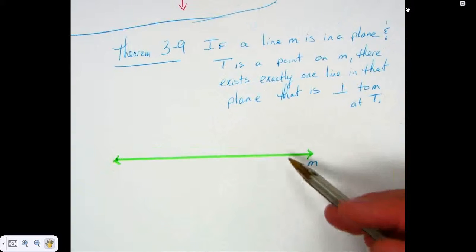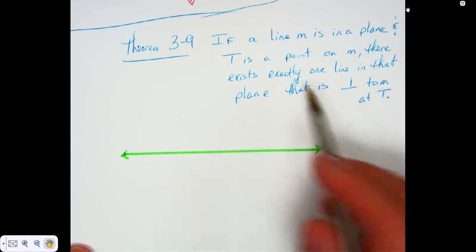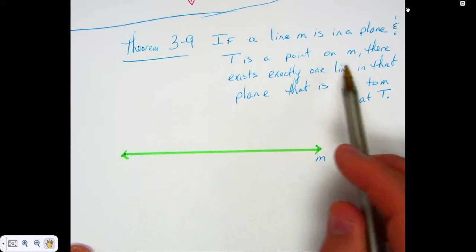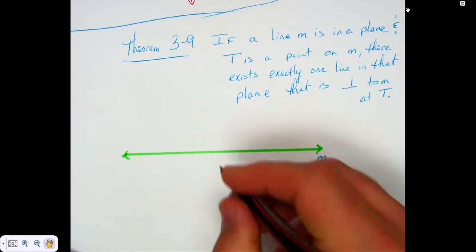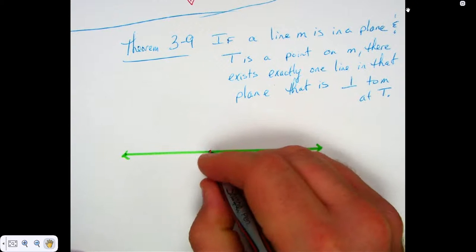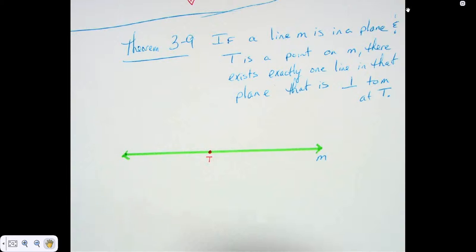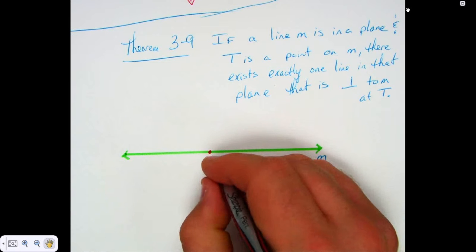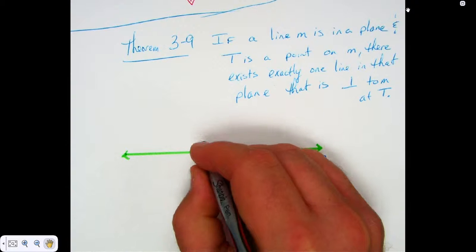So this piece of paper I just drew it on, is that not the plane it's in? Okay. What else did they say? And T is a point on M. So now I need to draw some point we'll call T.